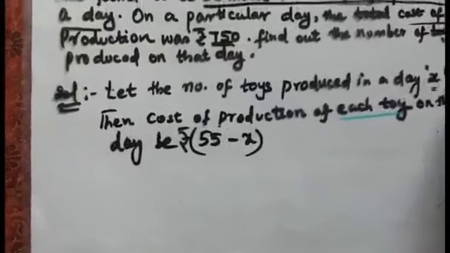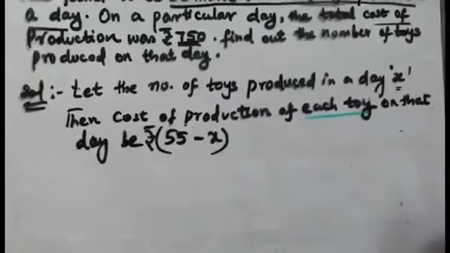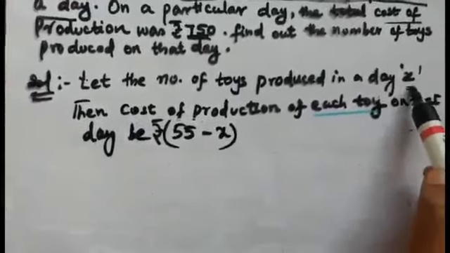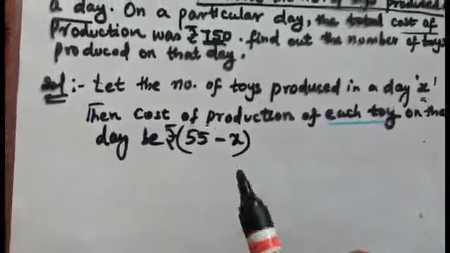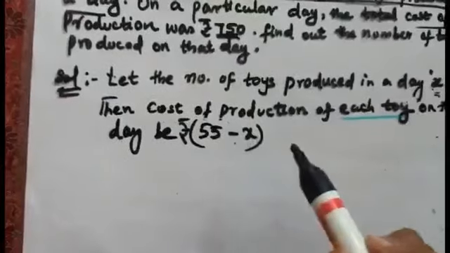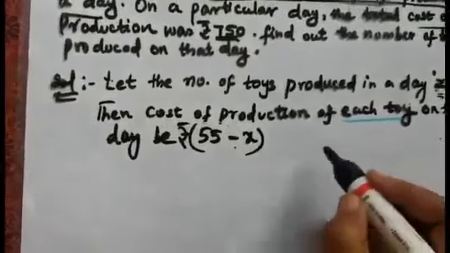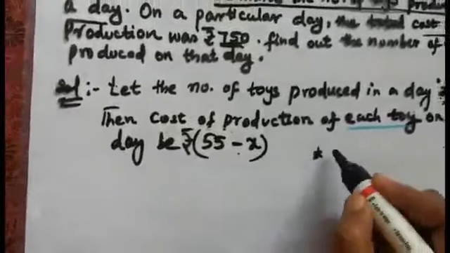For example, if they want to find out how much cost they have spent in total on all the toys: this is the number of toys produced, and this is the cost of one toy. So don't you think simply if we multiply we will get the total cost? If you don't remember or don't understand this, I am giving you a tip.